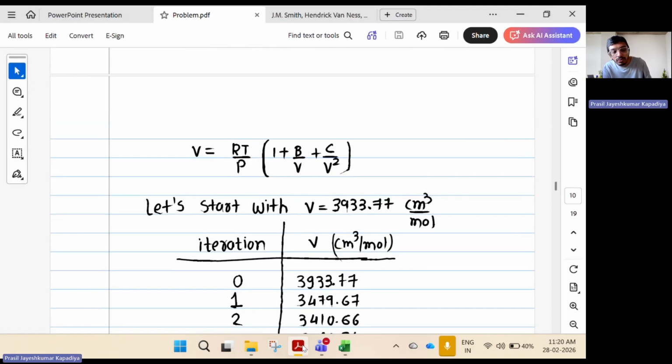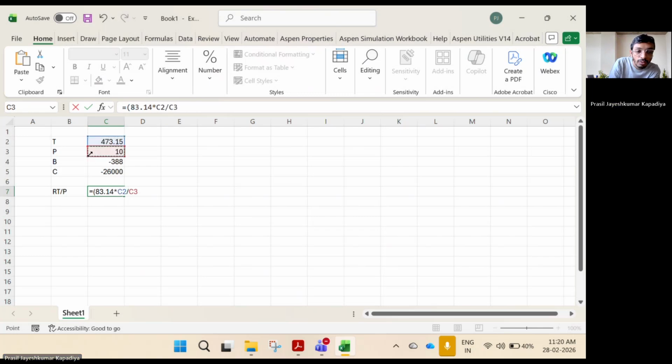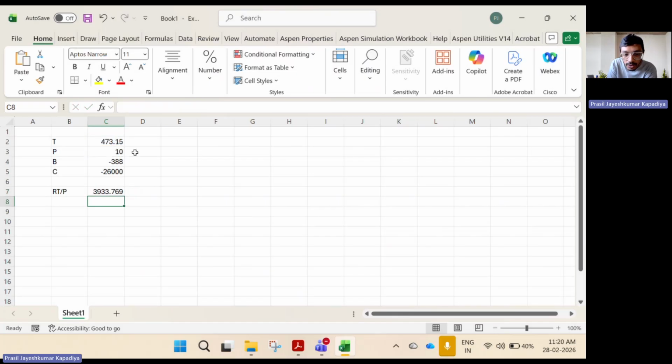So what is my equation? My V is equal to, let's first find one term, RT by P, that is R, 83.14, into T, 473.15, divided by P. So this is my ideal gas volume.